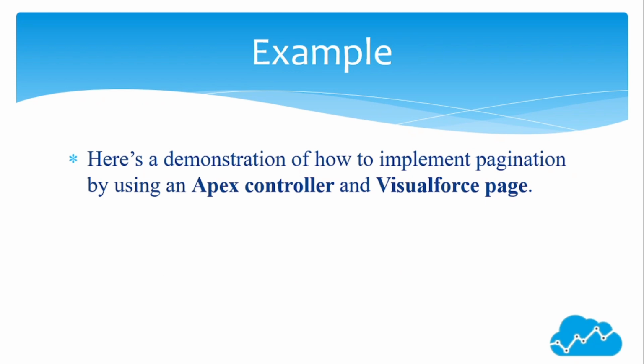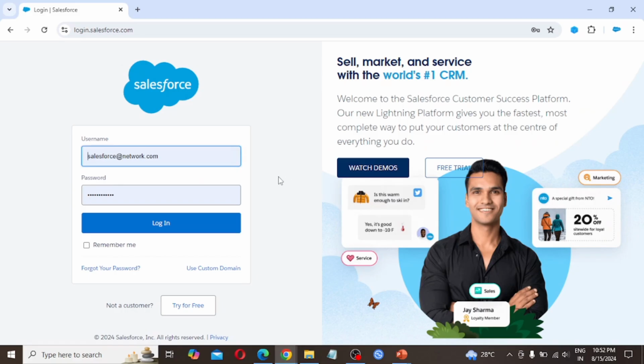Let's see an example. Here's a demonstration of how to implement pagination by using an Apex controller and a Visualforce page. To do the practical, just log into our Salesforce account.